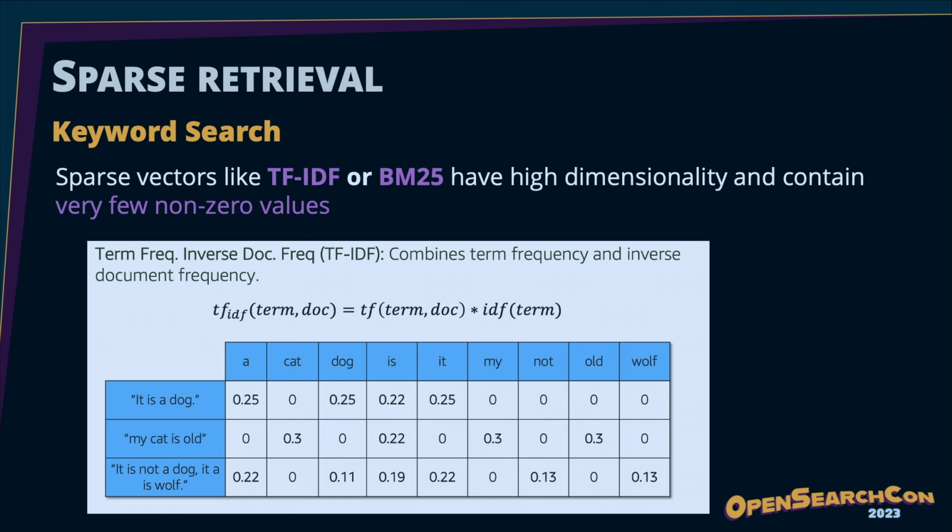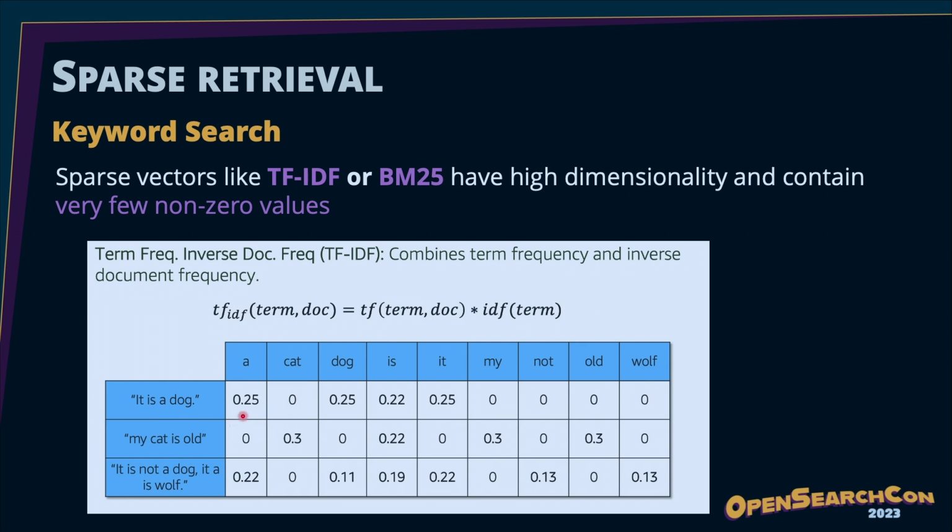To quickly go into the internals, first a vocabulary is built, which has all the unique tokens across all the documents, and then a score is given for every token against every document in your document store. This way of scoring will result in a lot of zero values for every document, because you can't expect every document to have all the tokens present in the vocabulary. So this makes the list of scores sparse, which means you have fewer non-zero values for every document. That's why it's called a sparse retrieval mechanism.